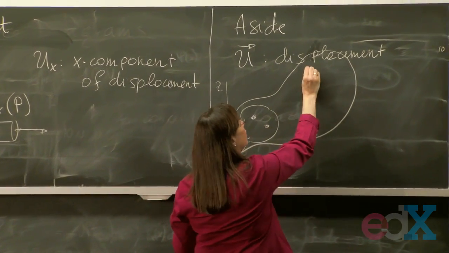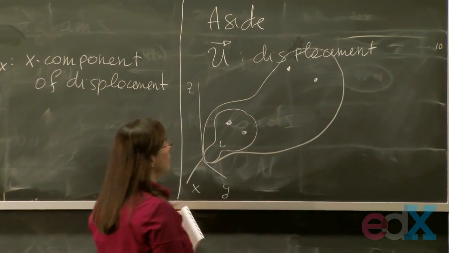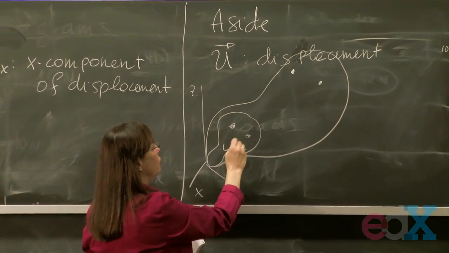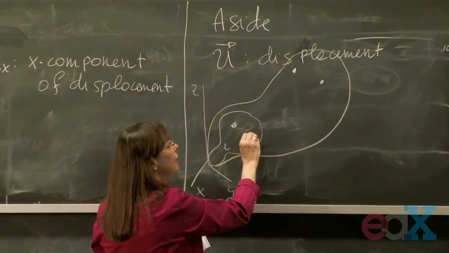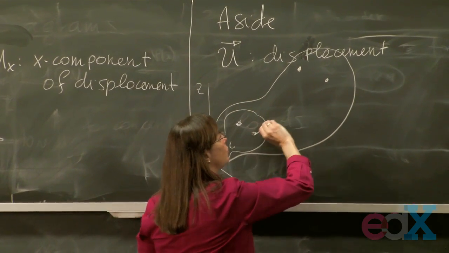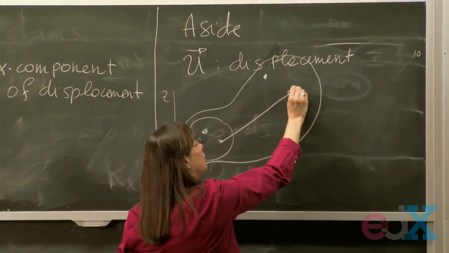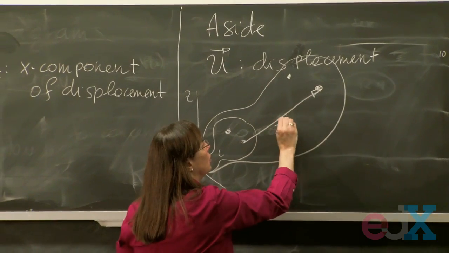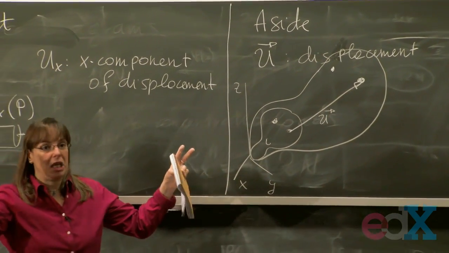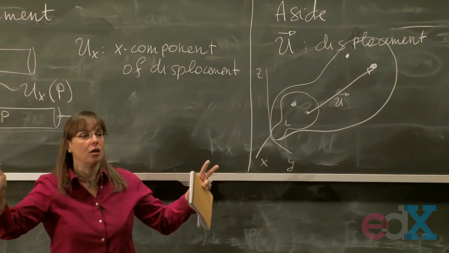And this eye here is still the eye of the balloon, the same spot that I had been drawing on the balloon. This eye of the balloon has moved here. And this is the u vector in 3D of where the eye has gone.